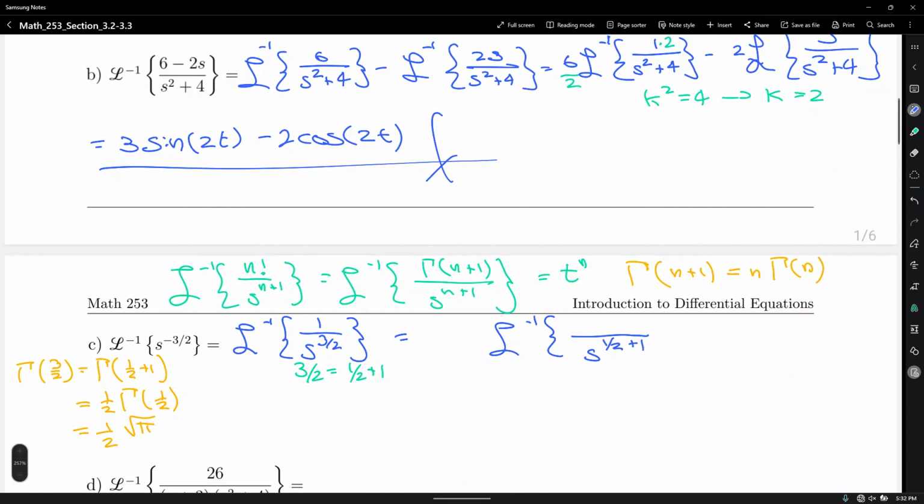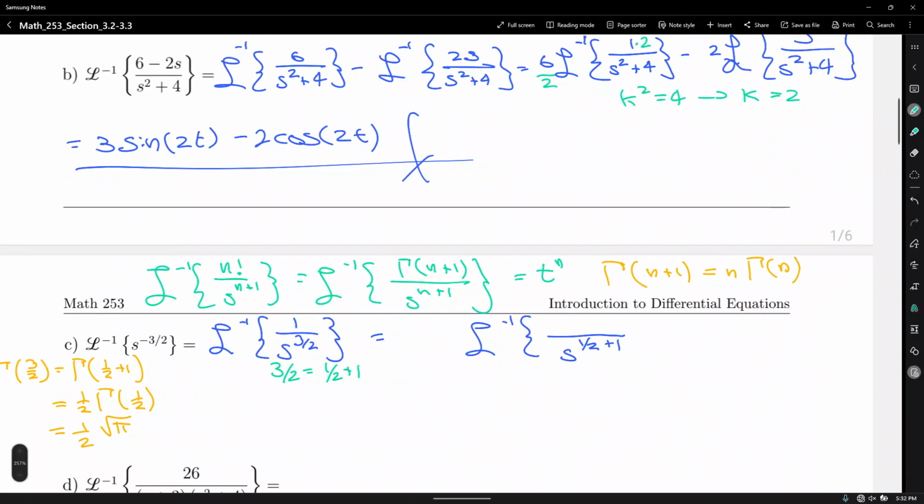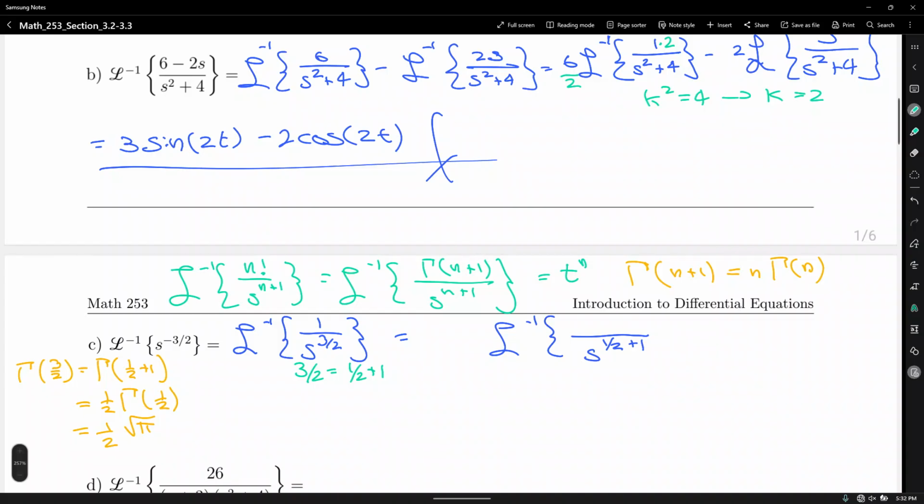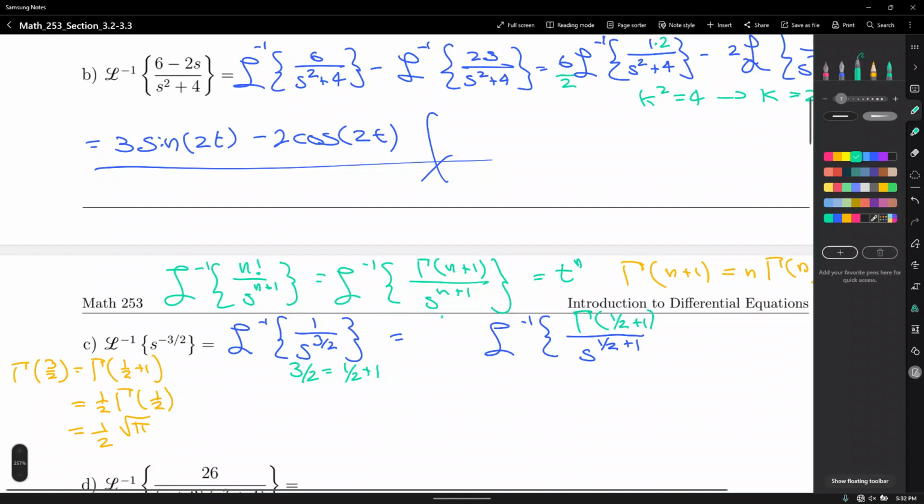And this is just to relate with the fact that we need this gamma function in the numerator. But again, we don't have it. We wish we had it. We can make our wish come true, provided you divide by gamma of 1/2 plus 1.